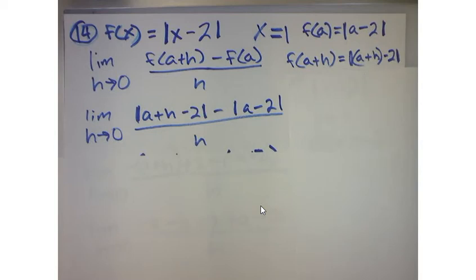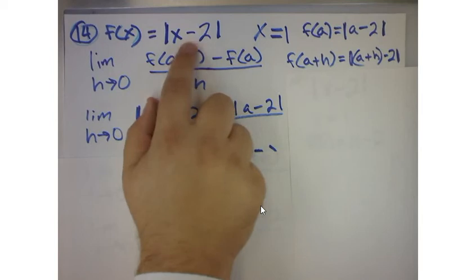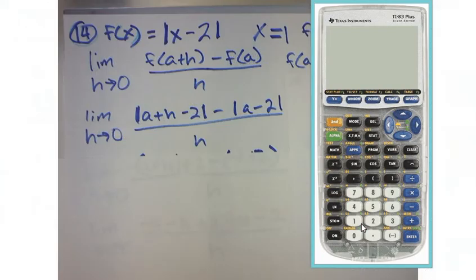The problem I ran into was when I plug in that formula, it doesn't get any easier. What do I do with these absolute value brackets? Do I put in plus or minus for everything? Would that work? Would it cancel out right? So then I had to think, well, what can I do? I had to go back and look at this function. When I looked at the graph of the function, what I noticed was we were only interested in x equals 1. And so I noticed that when x equals 1, it's really like a linear function.